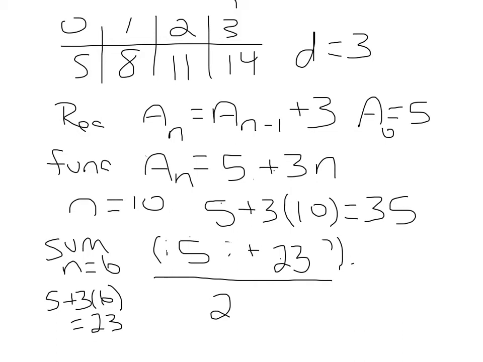If this table starts counting by 0 and I go up to 6, 0, 1, 2, 3, 4, 5, 6, that is actually 7 terms. So 5 plus 23 is 28, divided by 2 is 14. 7 times 14 is 98.